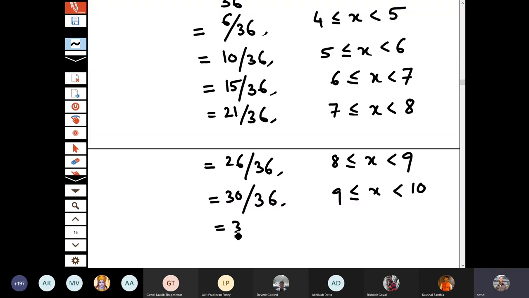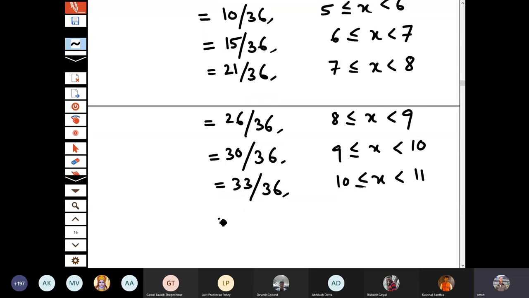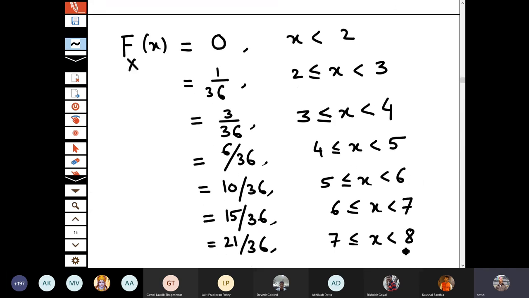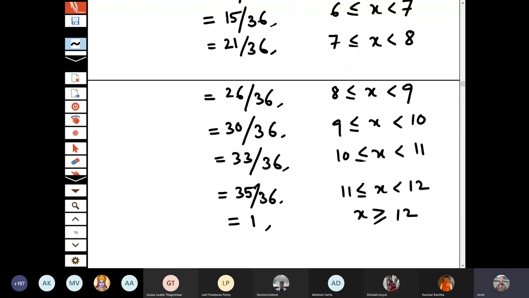At 10, it was 3 by 36. At 11, it was 2 by 36. And at 12, it was 1 by 36. So this is the complete description of the cumulative distribution function for the random variable, which was described as the sum of the outcomes on the two dice.